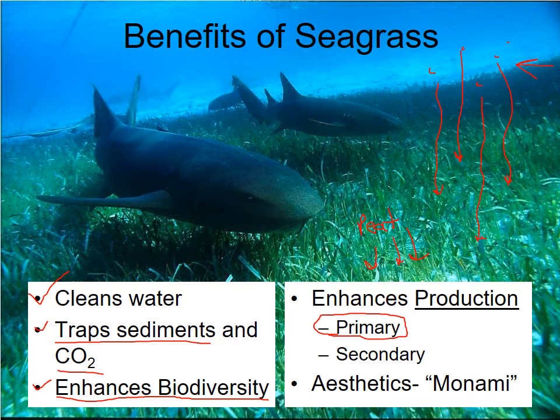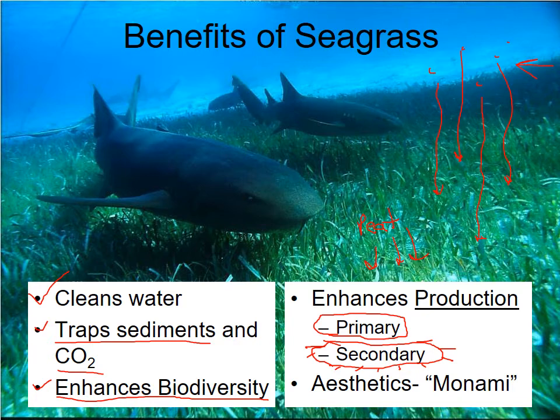But then all of that plant and algal material can be eaten by the animals or decomposed by the decomposers in seagrass beds, so you get a lot of secondary productivity in seagrass beds as well, and a lot of fish and invertebrates. These nurse sharks are foraging in the seagrass bed because of its high secondary productivity, the fact that there's a lot of fish and shellfish in there for them to munch on.